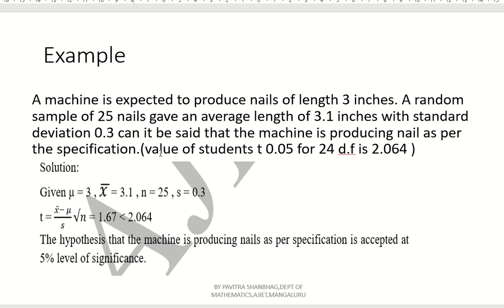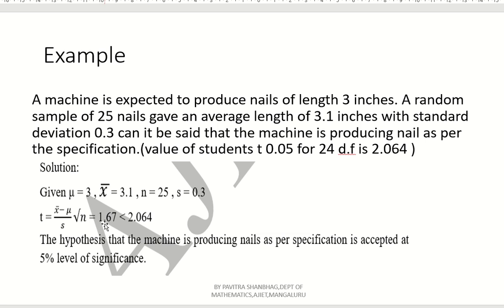Yes, given already here. So S equal to 0.3. We just need to apply the formula for student T distribution. What is T here? T equal to x bar minus mu by S into root n. Use that here: 3.1 minus 3 divided by 0.3 into root 25, that means into 5.